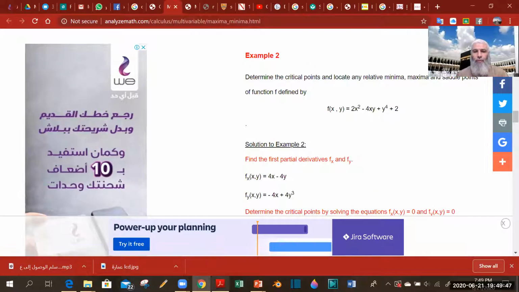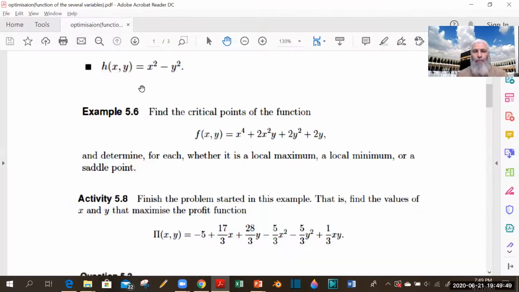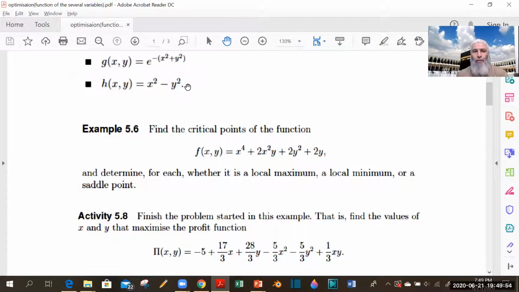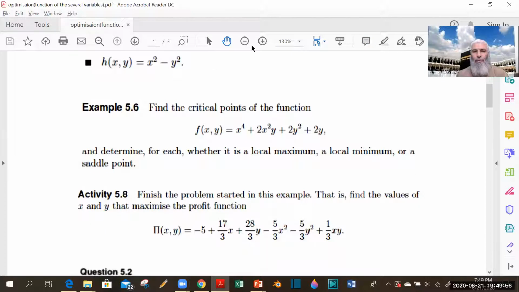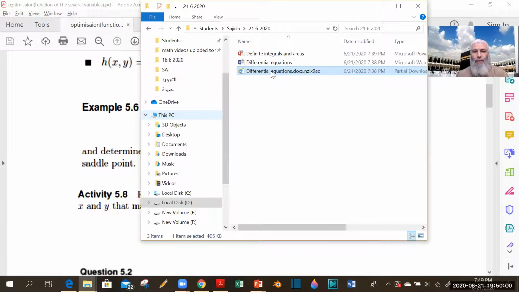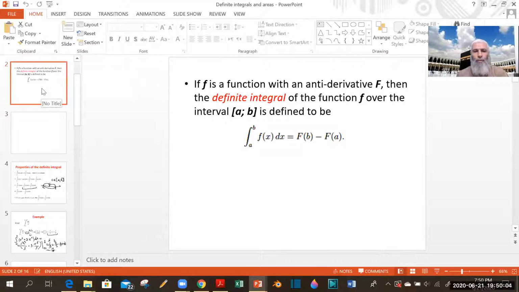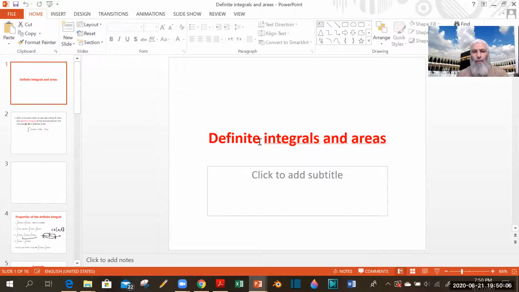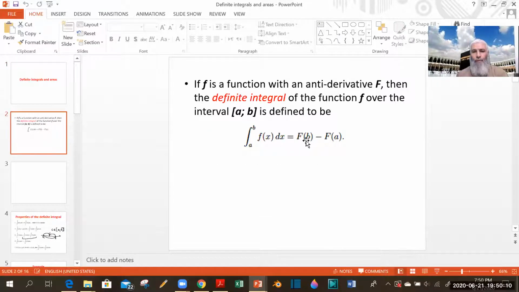Now we can solve your problems first, right? Yes. We just solved this, and now we will solve this. You sent me these files. This file and this file, we studied this file before. Definite integrals and areas. Then there's another one.